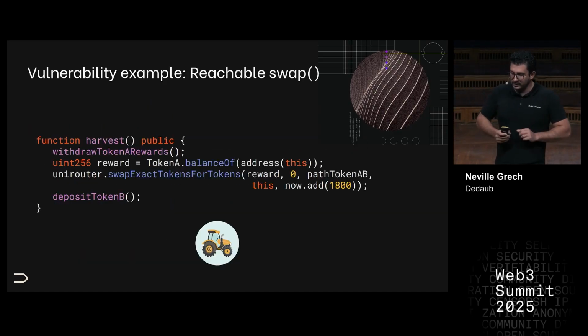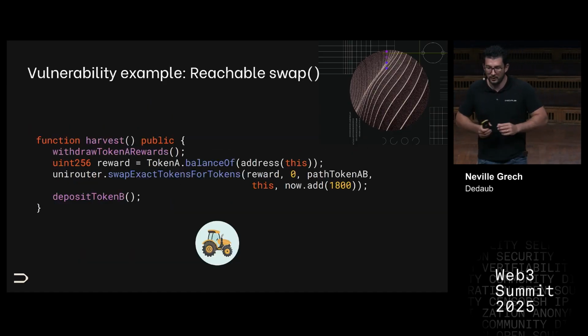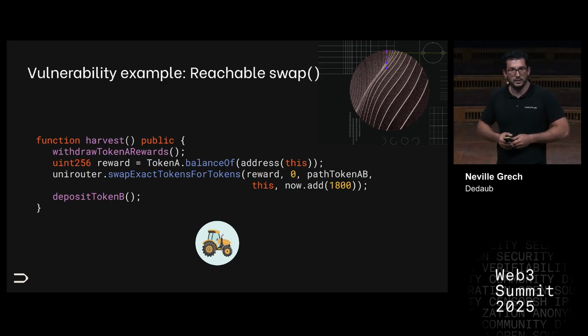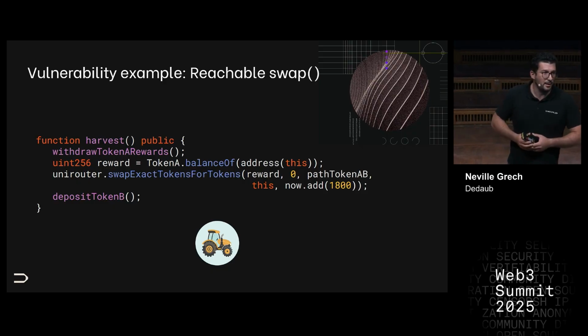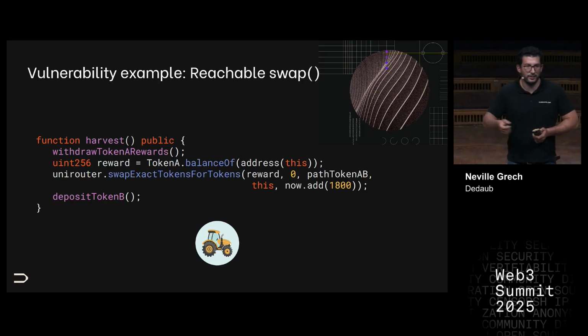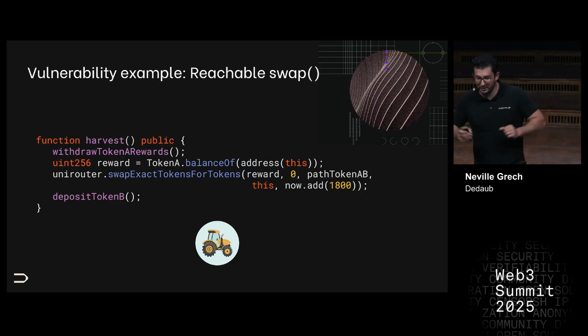Let me give you an example of one of these vulnerabilities. So here's one. This is something called reachable swap. If you guys remember the DeFi summer of 2020, there used to be a lot of yield farming protocols out there. And these yield farming protocols relied on someone, manually or automatically, to call a harvest function.